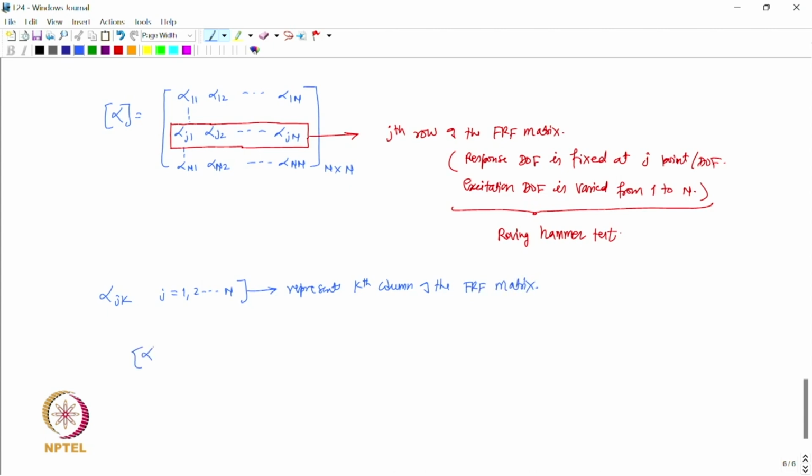So, if you show the FRF matrix here and write down alpha 1 1, alpha 1 2 up to alpha 1 n, and also include, let us say, alpha 1 k here, then we have alpha 2 1, alpha 2 2, alpha 2 k, alpha 2 n, and going up to alpha n 1, alpha n 2, alpha n k, going up to alpha n n. So, when we measure the kth column, essentially this is the kth column, correct.